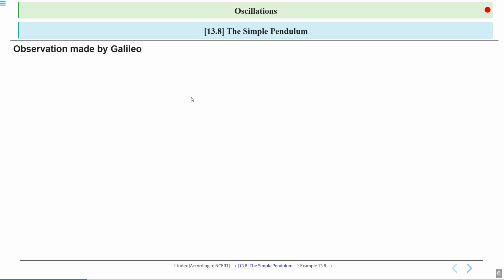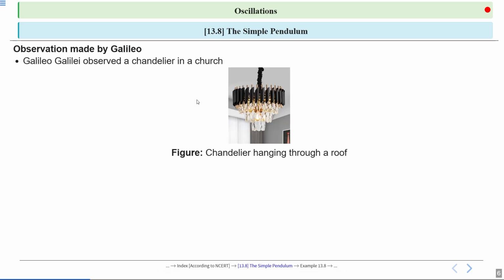Here we are discussing an observation made by Galileo. Galileo observed a chandelier in a church, hanging from the ceiling. Imagine this chandelier as shown in the picture.